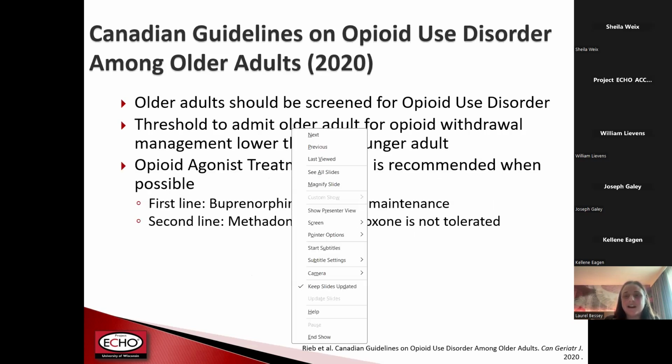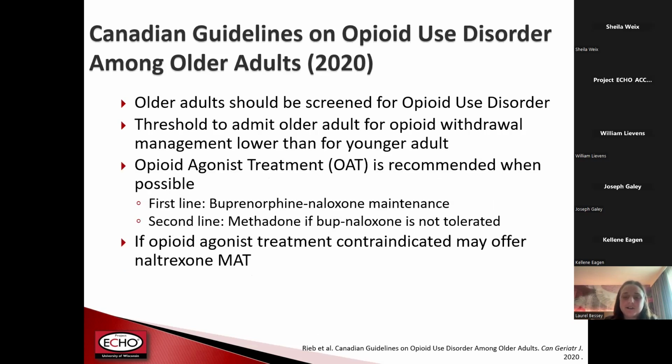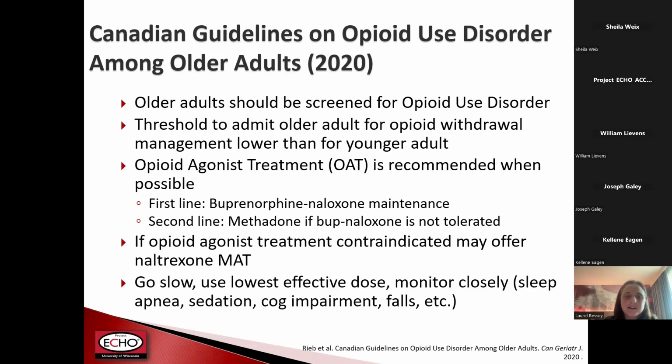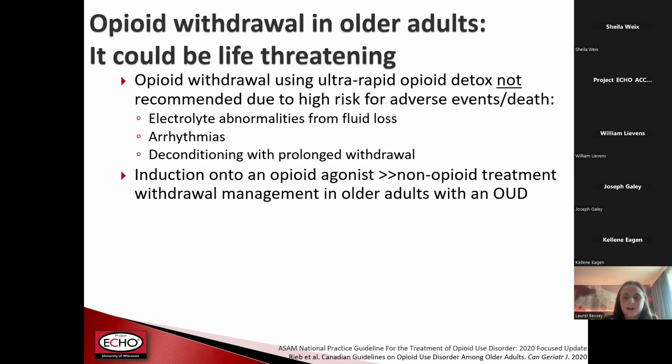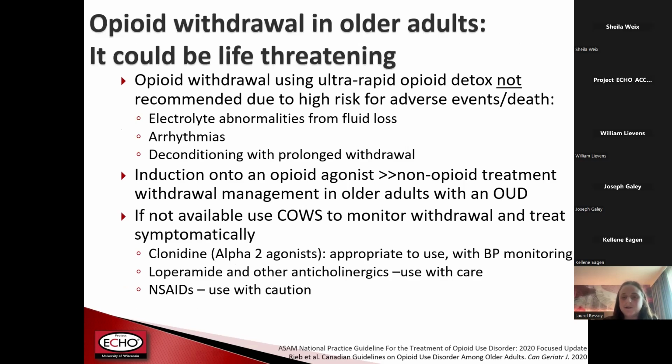Canada does have guidelines on treating opioid use disorder among older adults. It includes many of the same principles that we use for any patient. I'll call out some differences here. So if you go to the next slide, Nada, a lot of times we're taught that opioid withdrawal is not necessarily life-threatening.